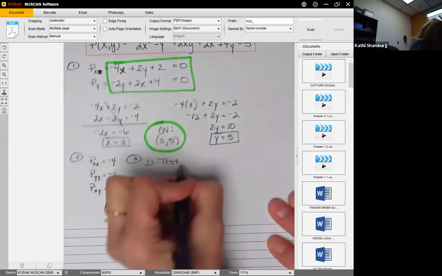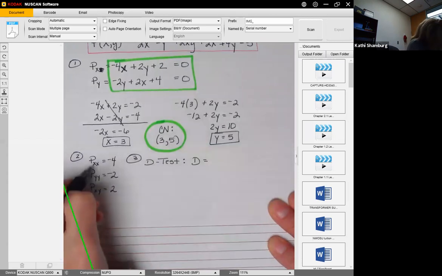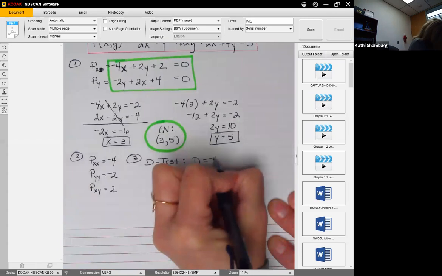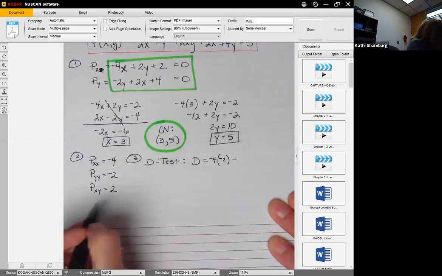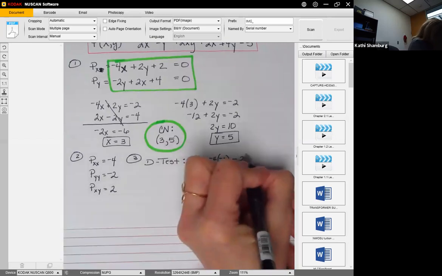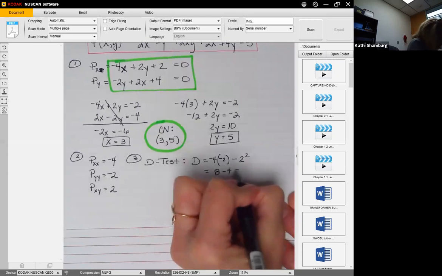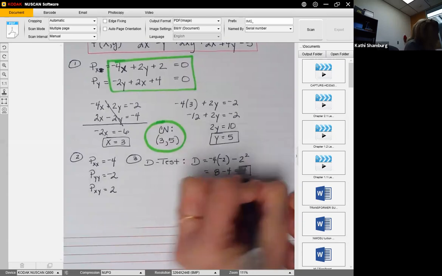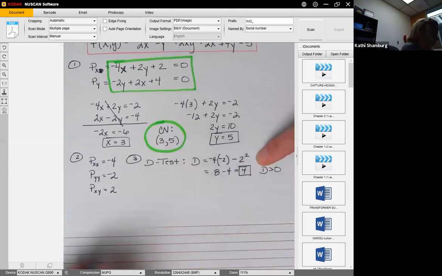All right, so if you remember, the D test is D equals P_xx times P_yy minus P_xy squared. So we get 8 minus 4, which is 4. So D is greater than 0, check.